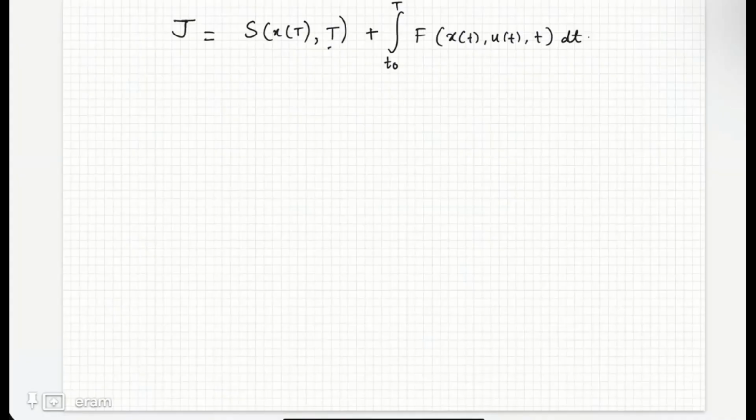How will the Lagrangian change if we have the terminal cost as well as the running cost?